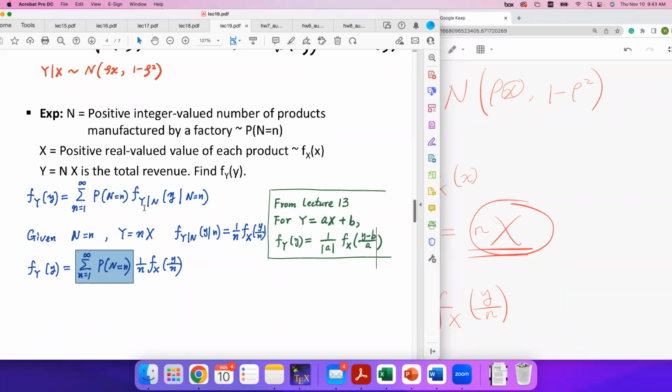And this simply depends on the distribution of the cost, the value of each product. But this is a linear function. So for this simple linear function, we can utilize the fundamental theorem to calculate this conditional PDF.